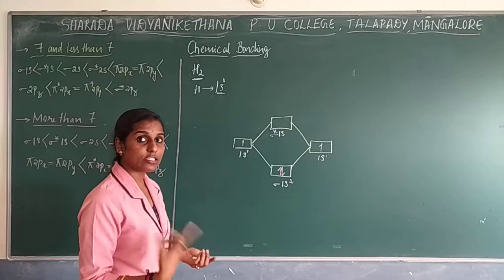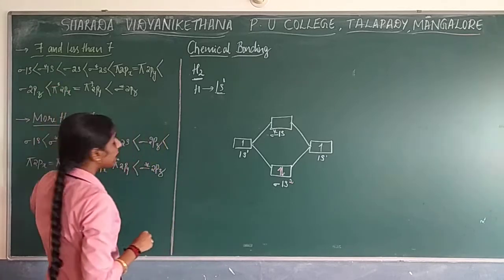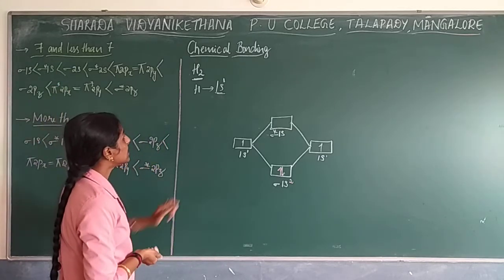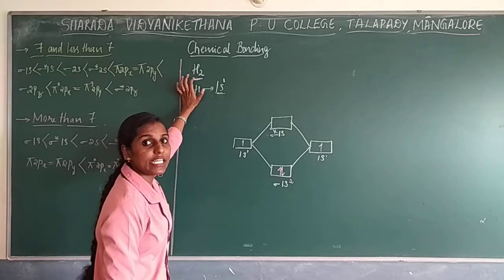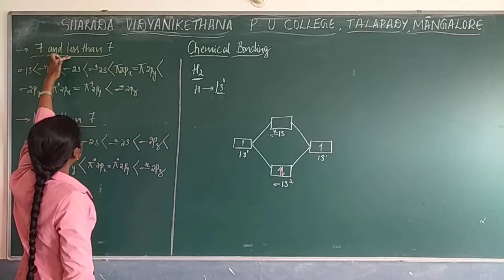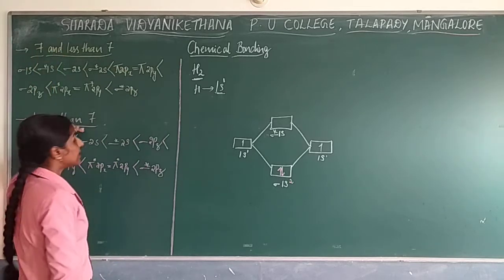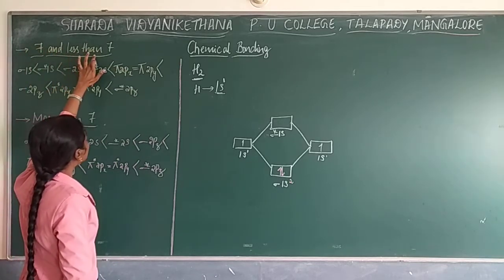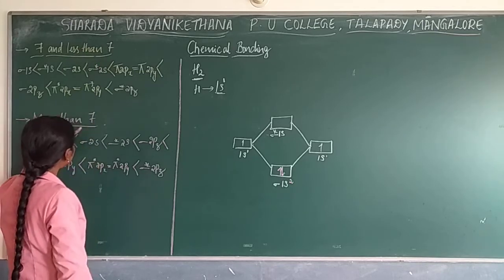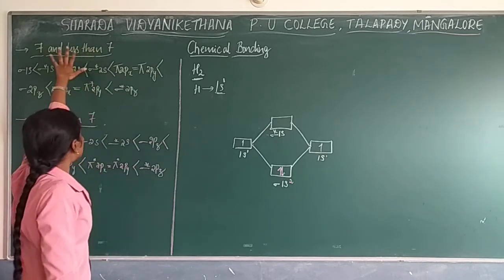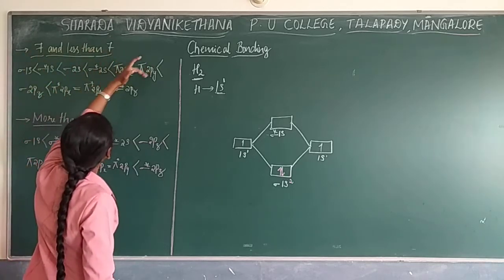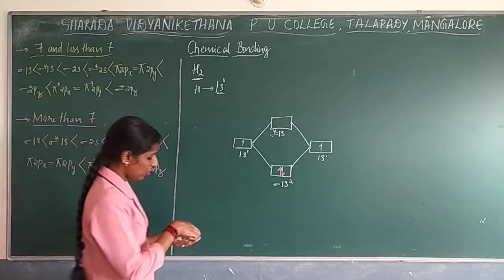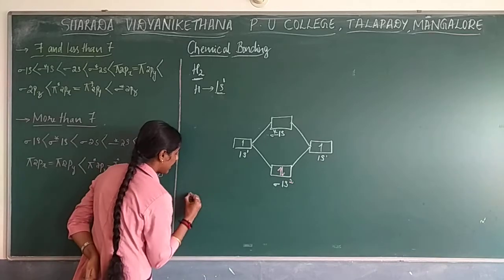As I said, the next step is to write the electronic configuration. Whether the atomic number is 7, less than 7, or more than 7, obviously it comes in this order, so in this order only you need to write the electronic configuration.